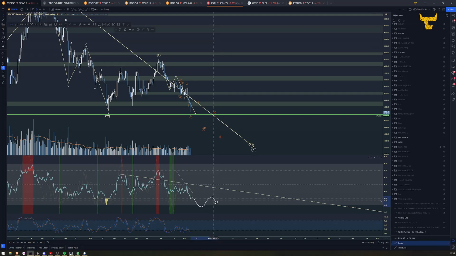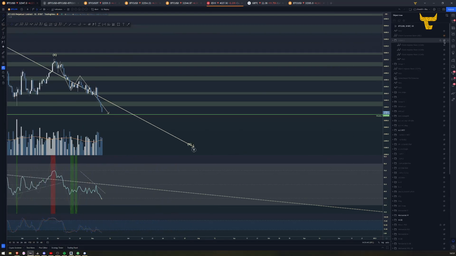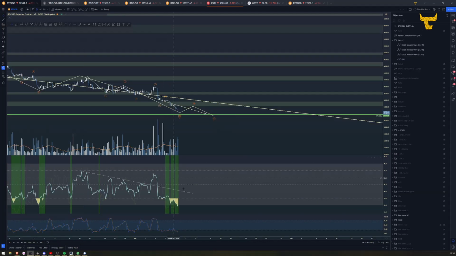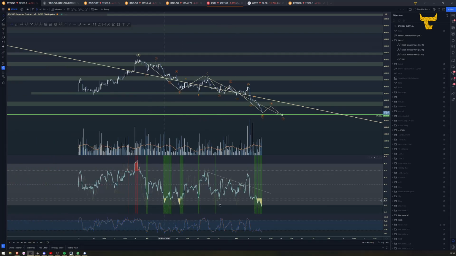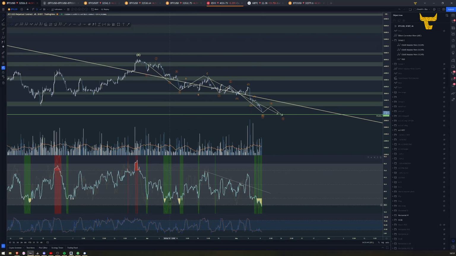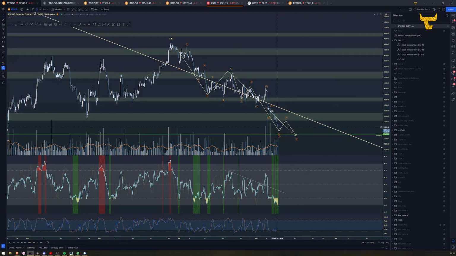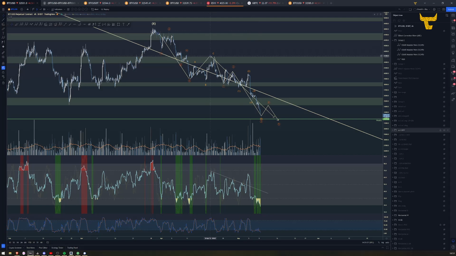If it's more of an ABC move, like that one, then we'll look more for a bullish divergence, which can get squeezed one time or two before really reversing, but here we see how this could be building, so we know where to look.